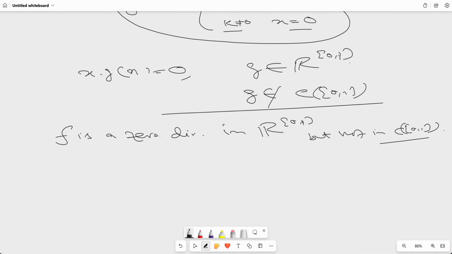So if it is a zero divisor in a bigger ring, it does not imply it is a zero divisor in the smaller ring, because C[0,1] is a subring of R^[0,1], right?